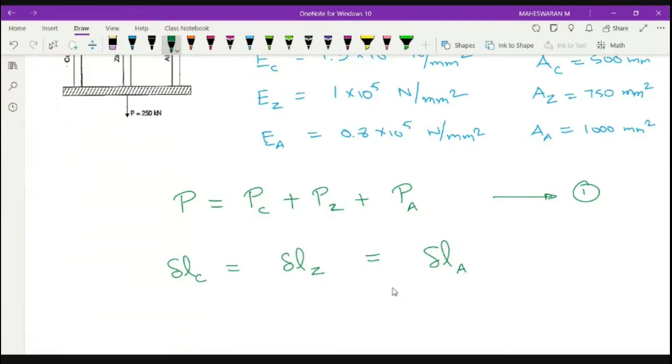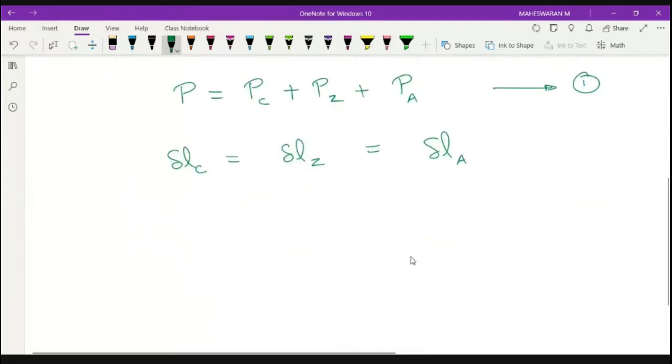In that case, I can equate it accordingly. So what is the formula for change in length? The formula for change in length is PL by AE. Let me apply that.